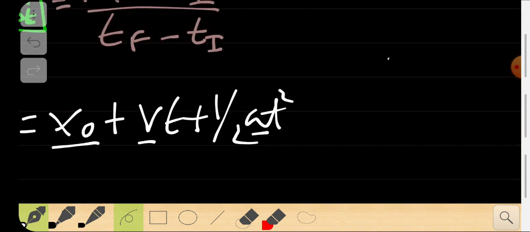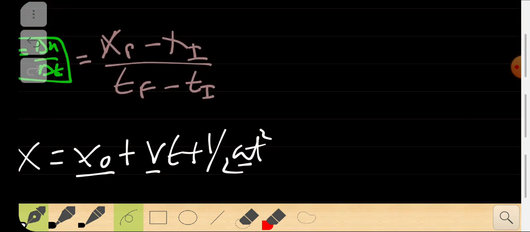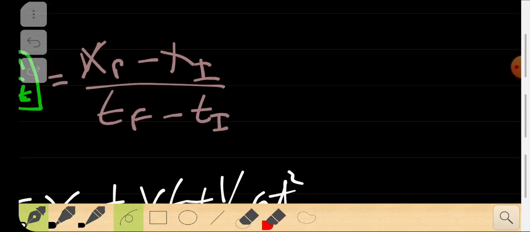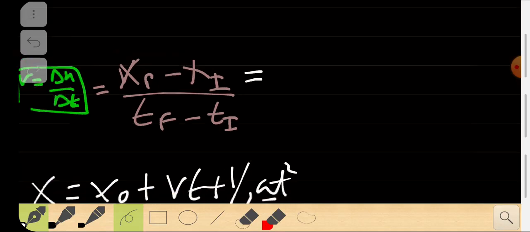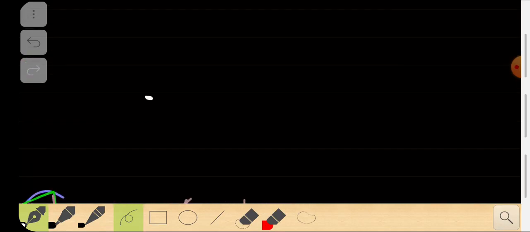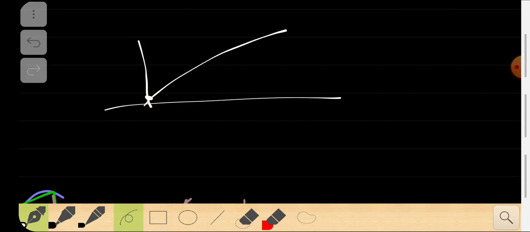That's the equation that we have. Now we can represent that equation as x final minus x initial. Let's assume that x0 is 0: the particle is starting from the origin and moving like that.